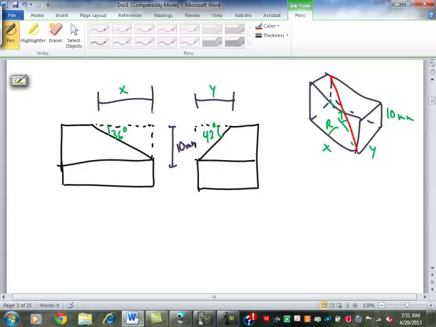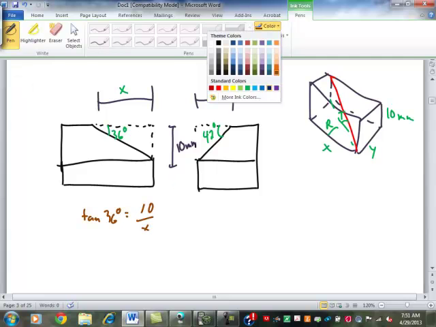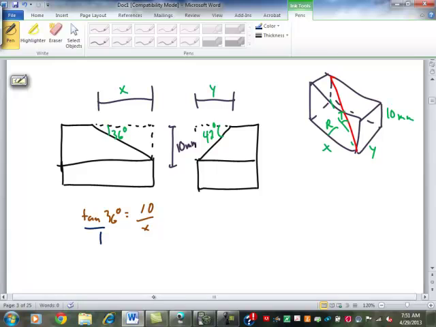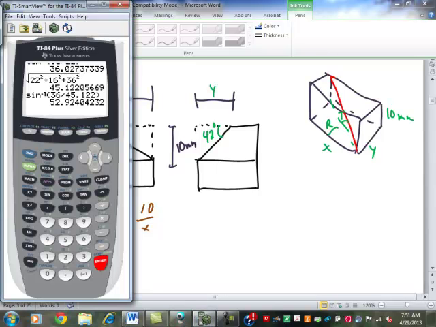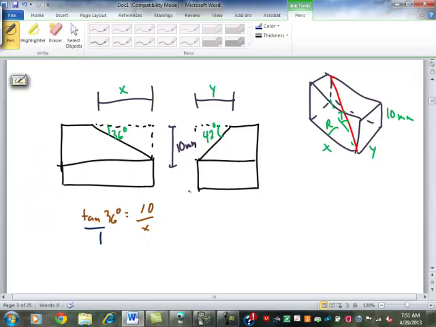So from the 10 millimeters, we find X, because the tangent of 36 degrees should equal 10 over X. Cross multiply and divide, it becomes 10 divided by tangent of 36, which is 13.764.